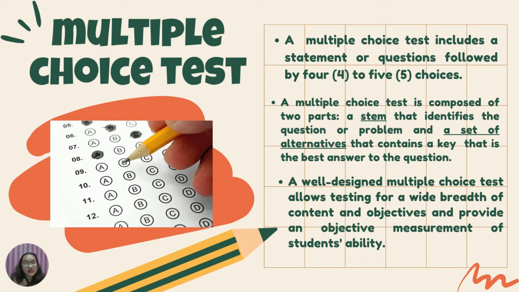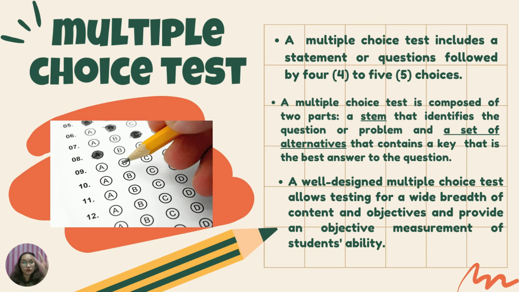And alternatives are divided into 2 parts. Let me repeat. Alternatives are divided into 2 parts: number 1 is the answer, meaning to say the correct answer. And then number 2, the second part of the alternative, is the distractors, or the choices that are incorrect.